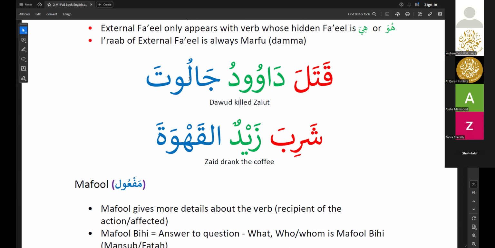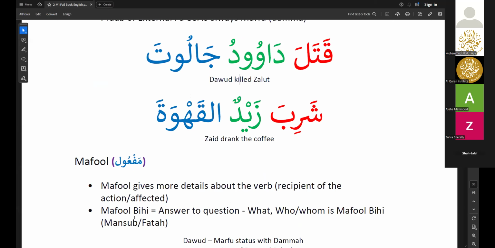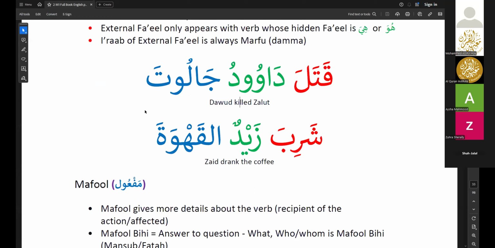But we are learning the components of Jumlatul Fi'liyyah. Maf'ul bihi, maf'ul fihi, maf'ul ma'ahu, we'll learn later in module 2. But we just want to identify what is maf'ul.